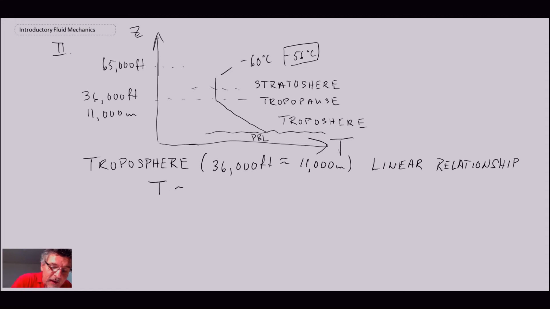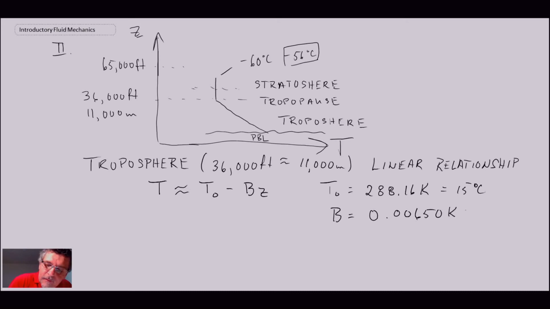So here we can say the temperature in the troposphere is expressed as T naught minus B times Z, where T naught is again 15 degrees C, 288.16 K. And B is the rate at which the temperature is dropping, 6.5 millikelvin per meter that you go up.